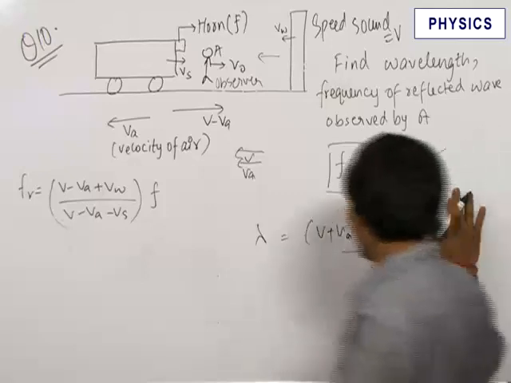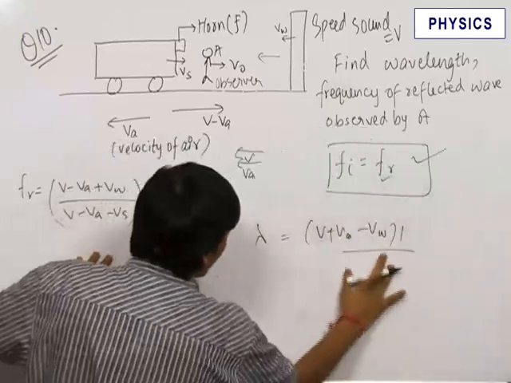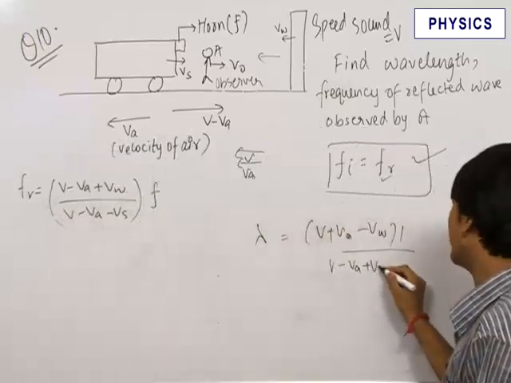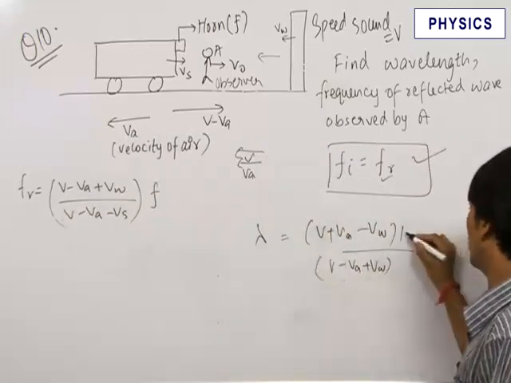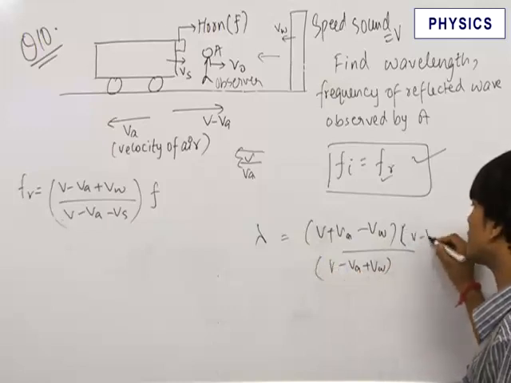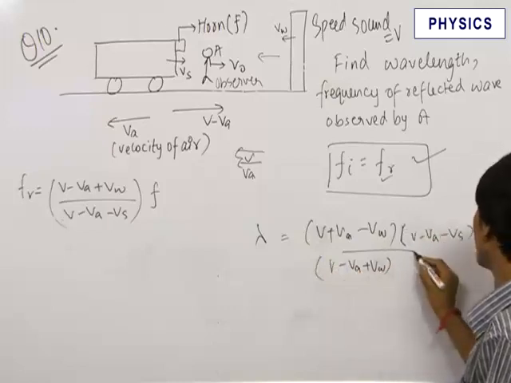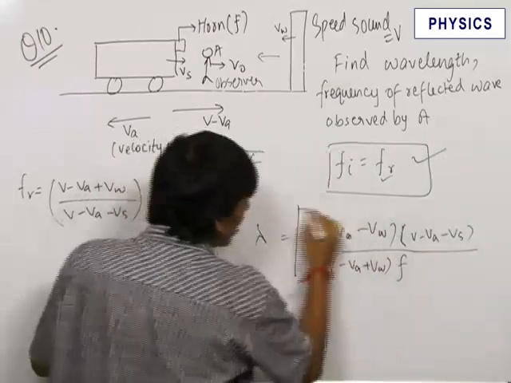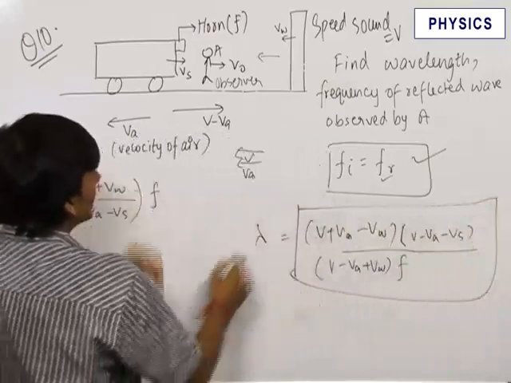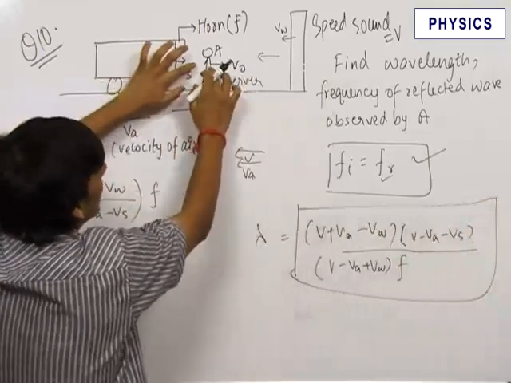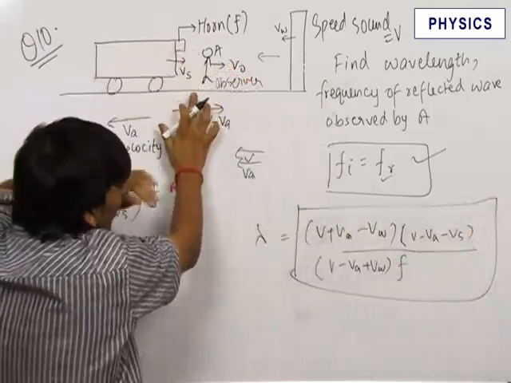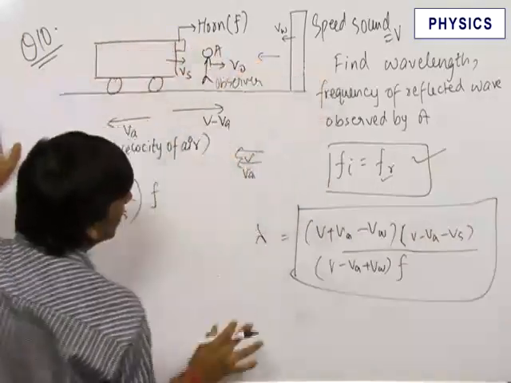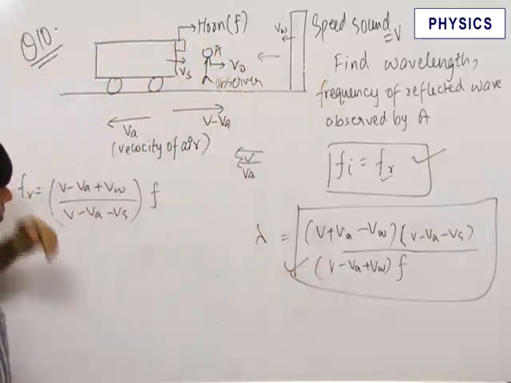So on substituting the value over here of fr, we get v plus va minus vw into v minus va plus vw, and on the numerator we get v minus va minus vs, and we get an f here. So this is the value of the wavelength which is observed by A, because the wavelength observed by A does not depend on the speed of A. It depends on what is the wavelength sent by the source. So this is the wavelength observed by A.